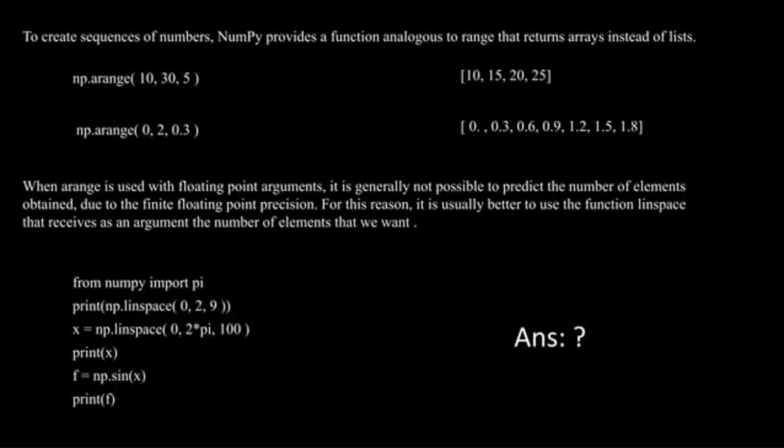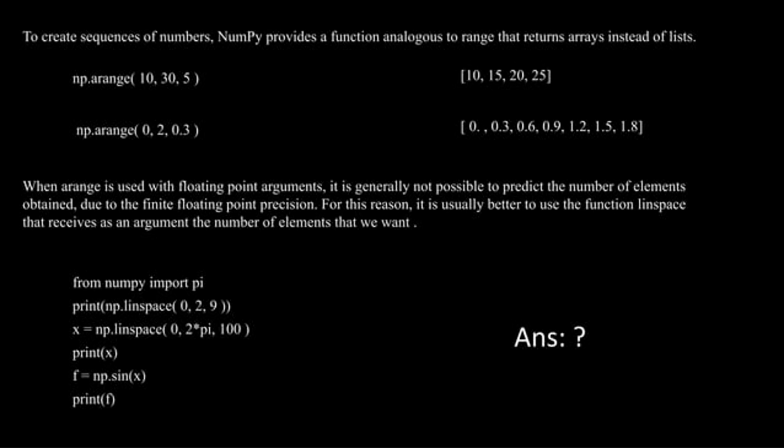So the answer is 10, 15, 20 and 25, which are in the range 10 to 30, but 30 is excluded. We took 5 because it was given in np.arange(10, 30, 5).